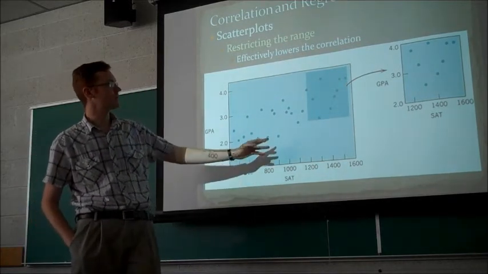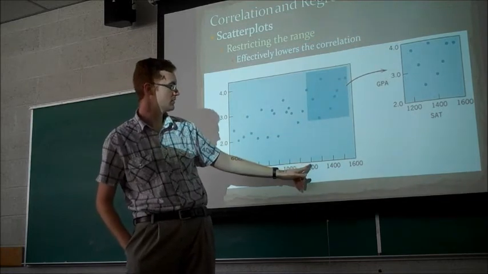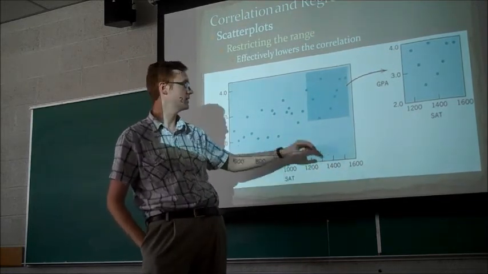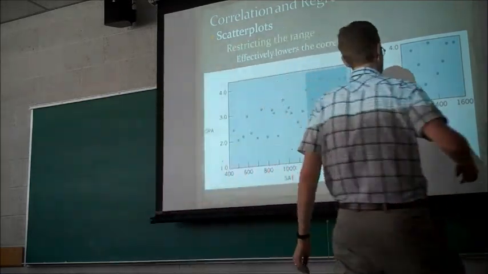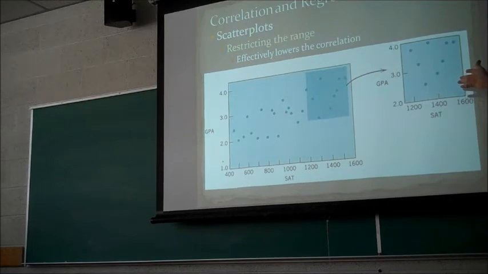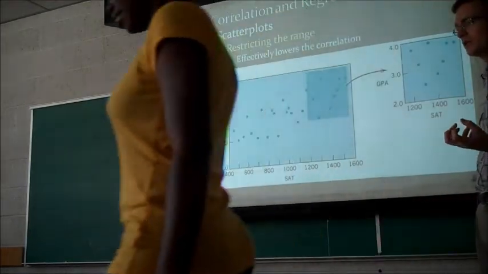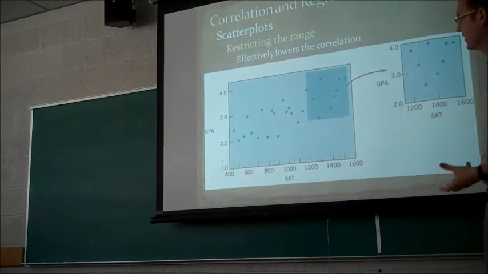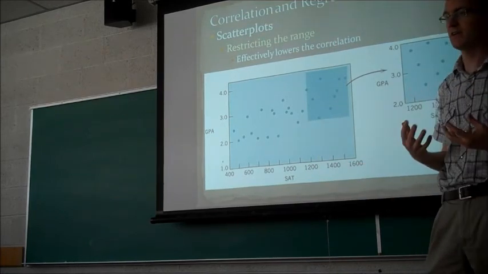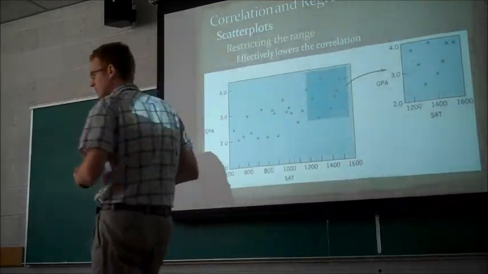And if you restrict the range and only look at students with SAT scores of 1200 to 1600, then you would see something like this. And this would look like a correlation of about 0. And so that's going to be a big problem for these studies, because that's going to lead you to conclude that there's no relationship when there really is. You just didn't have the range of data necessary to find that relationship.